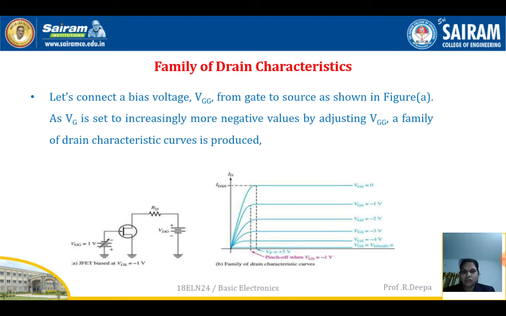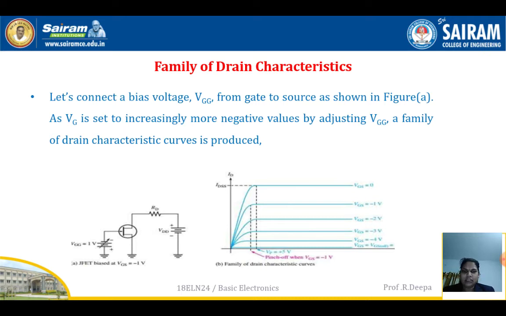Now we draw the characteristics for different values of the gate source voltage, starting from VGS equal to 0, and then slowly increasing the reverse voltage across the gate and the source to -1 volt, -2 volt, -3 volt, and plotting the different values of VDS against the drain current ID.